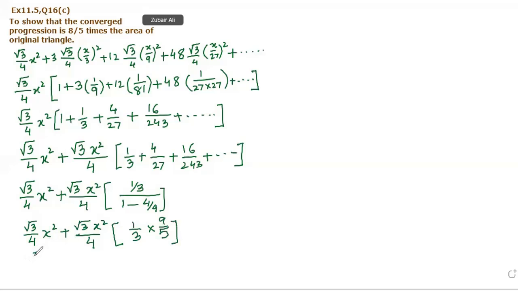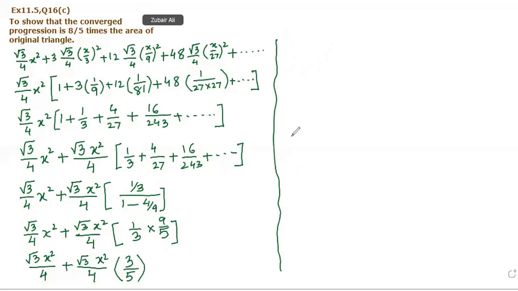So root 3 x square upon 4 plus root 3 x square upon 4 into 3 upon 5. So this is what we did here.